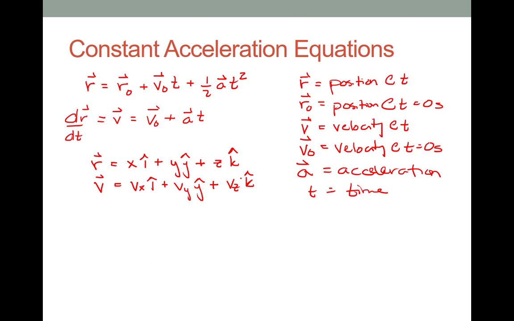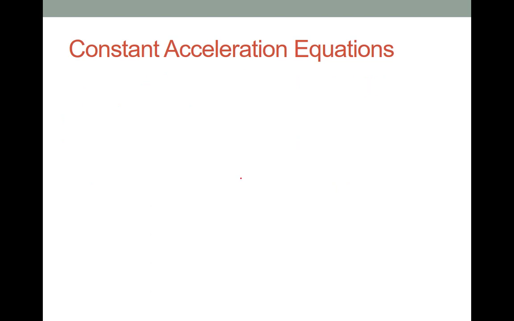In one dimension, either x or y, these equations simplify to be x equals x naught plus v naught x t plus 1/2 a sub x t squared. And v x is v naught x plus a sub x t.